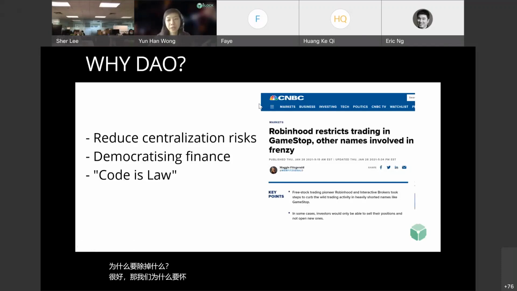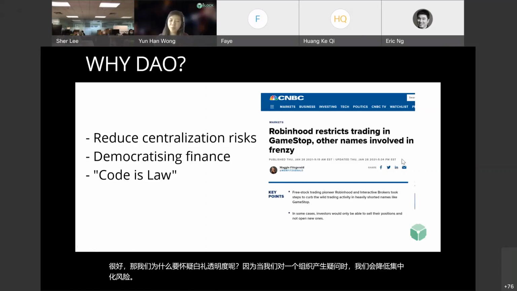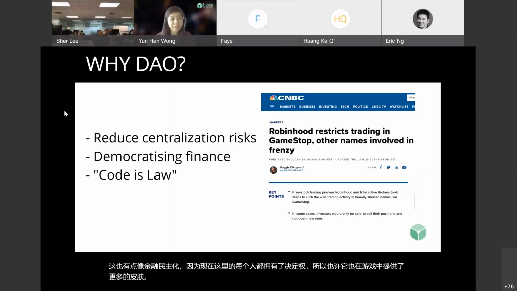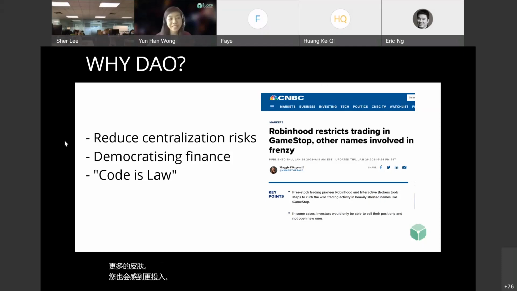Because when we make an organization a DAO, we reduce centralization risk. And this is also somewhat like democratizing finance, because now everyone here has the right, we have the decision power. So maybe it also affords more skin in the game. You will also feel more involved. All right, because now everyone here, we are part of the protocol.